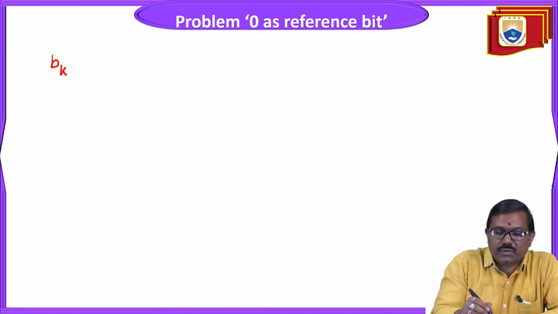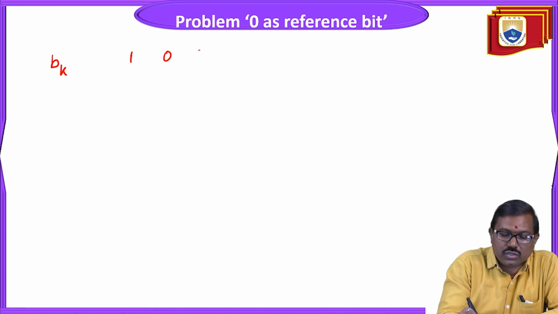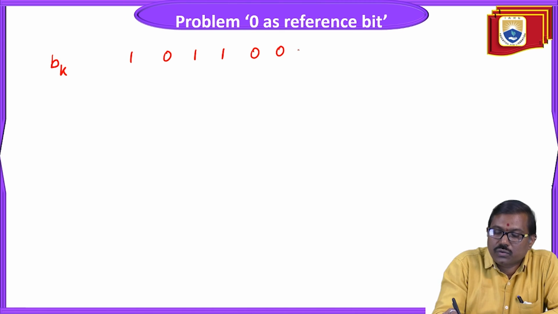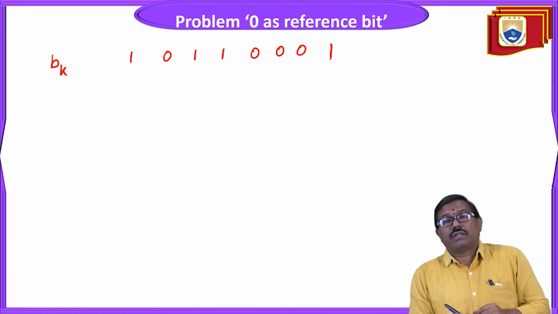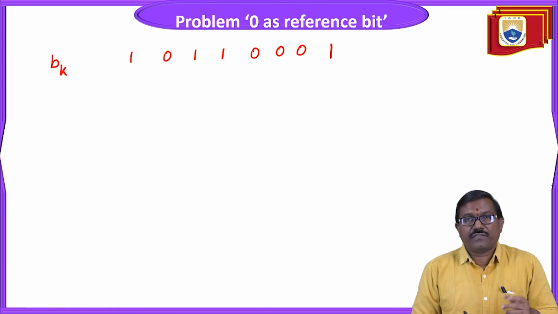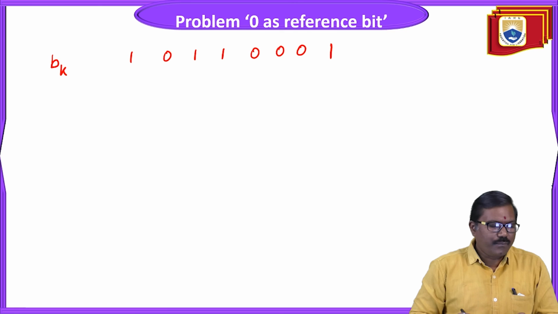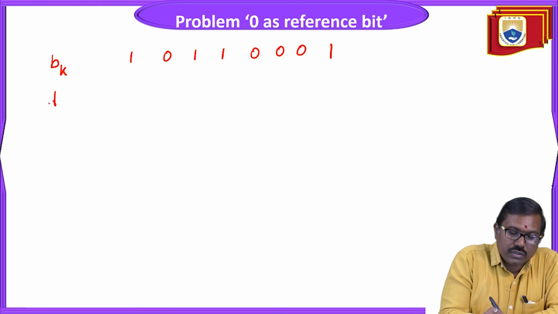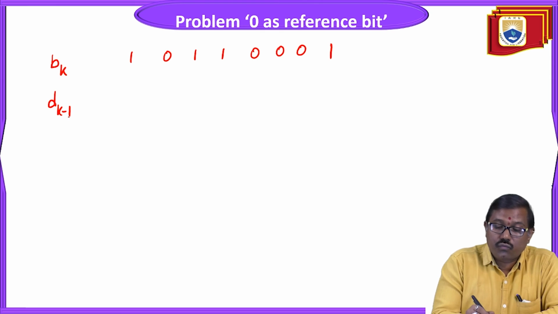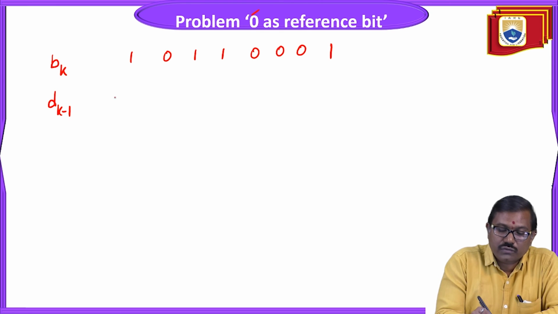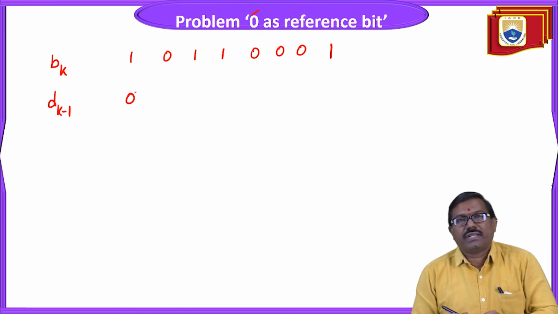The same sequence I am considering: 1 0 1 1 0 1. Previously we took 1 as the reference bit, but here 0 is the reference bit. So this is DK minus 1. For 0 as the reference bit, that's why the starting bit is 0.